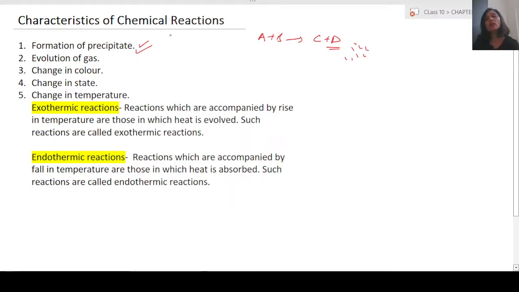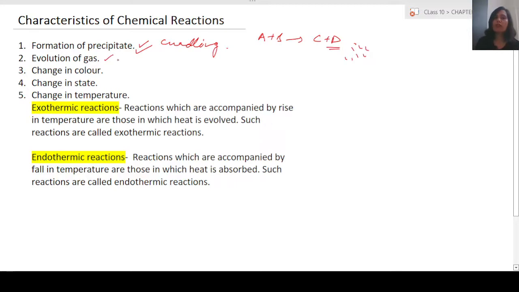Precipitate is basically a more scientific term for the curdling here. So if we observe it, we can say that yes, a chemical reaction has occurred.